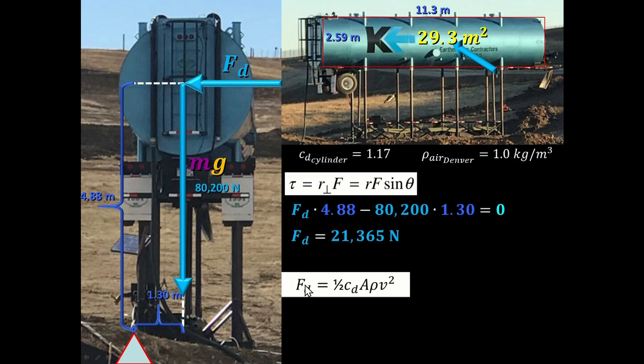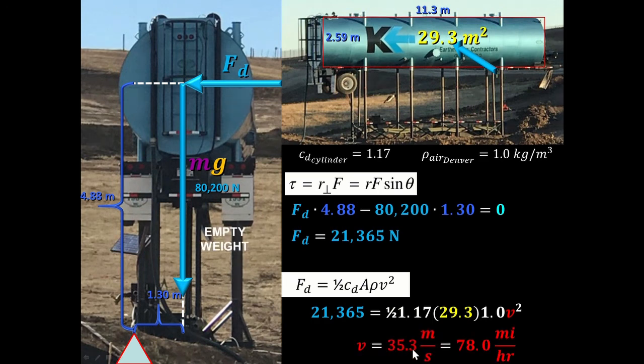That the drag force of air has to do with the shape of the object, called the drag coefficient, the area that the wind is blowing against, the density of the air, and the velocity of the air. So we know the drag coefficient for a cylinder, we know the area of the cylinder, we know how much force it needs to apply. We're just solving for how fast the wind would need to blow. And if I solve for V, it would be about 35.3 meters per second, or about 78 miles per hour.